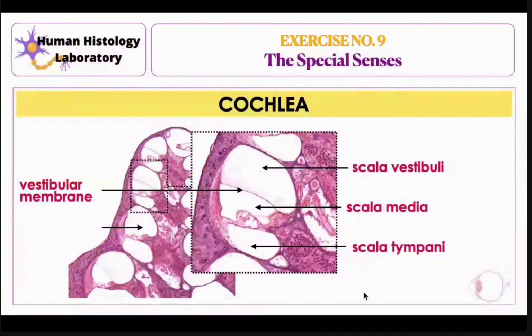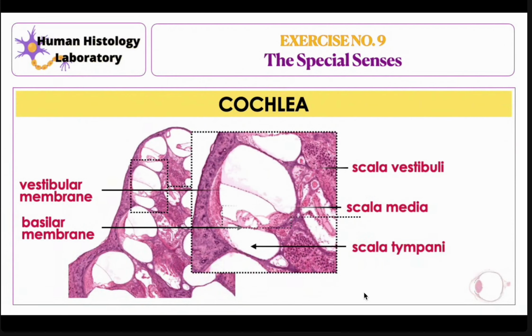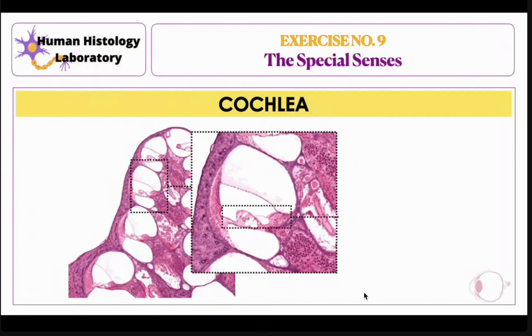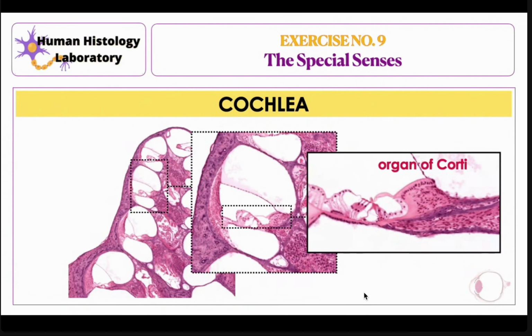And then a thicker basilar membrane forms the floor of the cochlear duct and separates it from the scala tympani. The organ of Corti is a highly specialized epithelium consisting of hair cells and supporting cells. So the organ of Corti is located in the scala media.